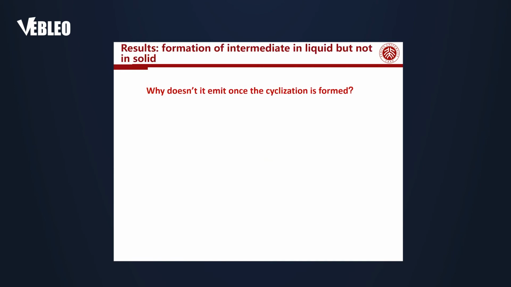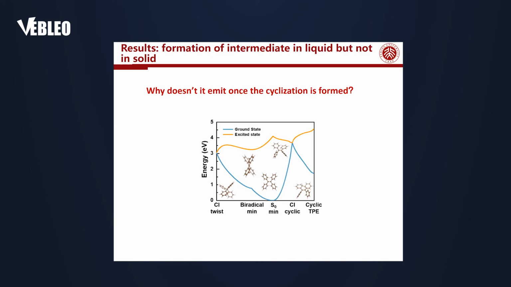And now this comes to the central question. Why doesn't the molecule emit light once the cyclization is formed? Now let's look at the potential surface of this molecule, then we'll immediately understand. Once the molecule is excited to the electronic excited state, it must go through a conical intersection before it can cyclize.